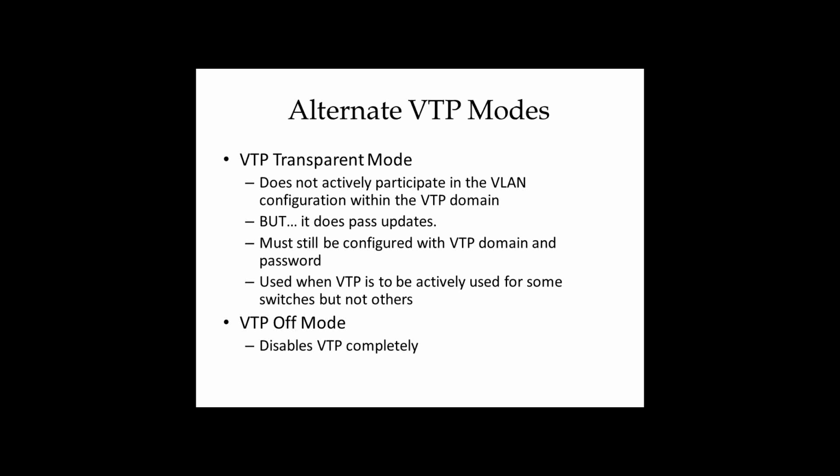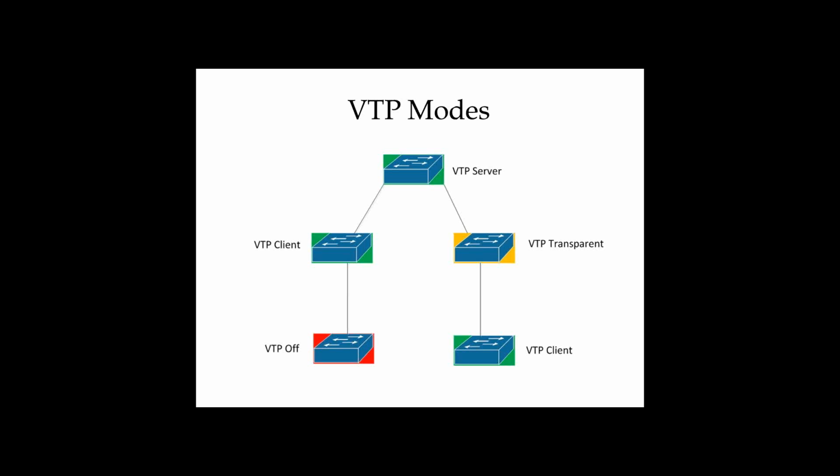Here I'll show you a picture. Here's my switch. I've got a couple others here that I want to make sure are participating in VTP. So any change made to this VTP server, I want to make sure that the VTP client down here gets those changes. But this one here, I want to be independent for whatever reason.